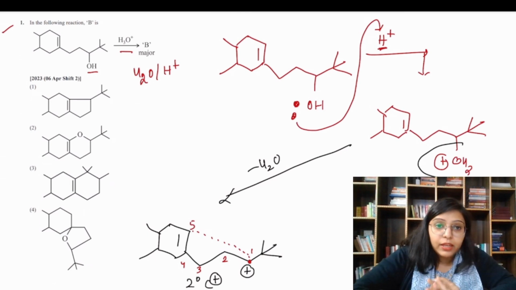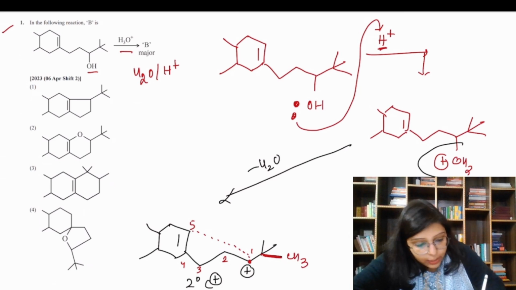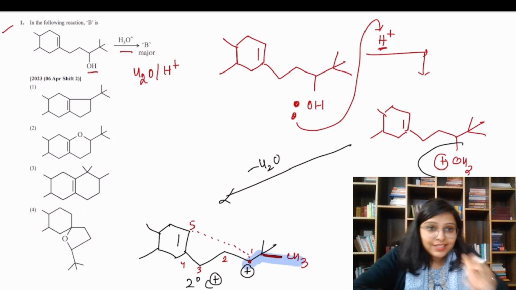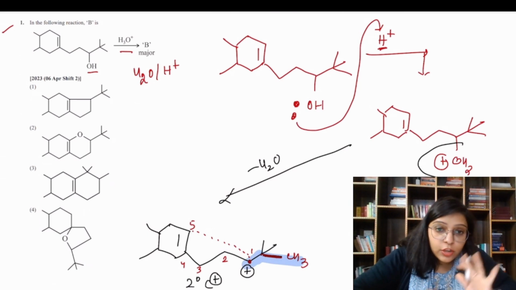But if we do methyl shift, if we do this shift, here we have methyl group. So if we do methyl shift, we get 6-membered ring, and we know that 6-membered ring is more stable than 5-membered ring. So first we are going to do methyl shift over here.